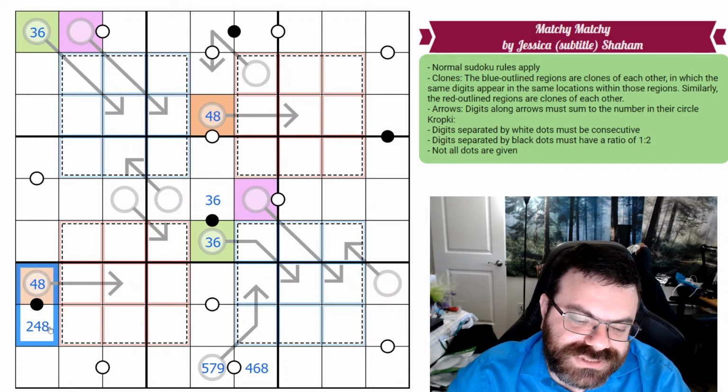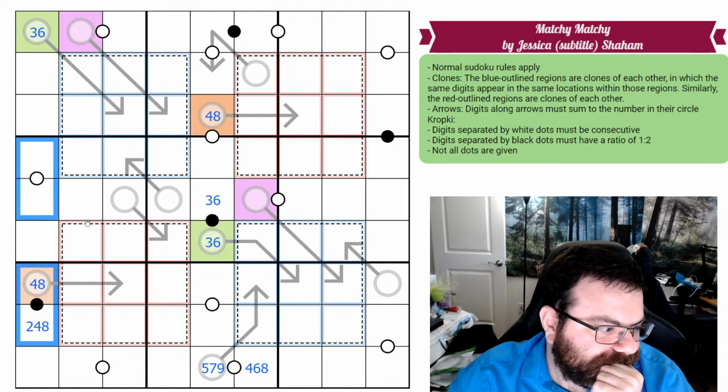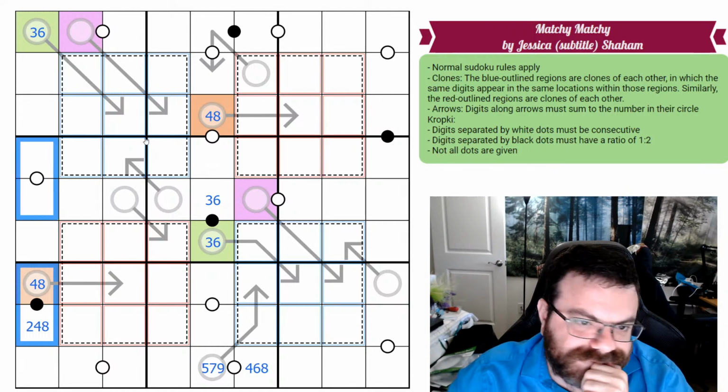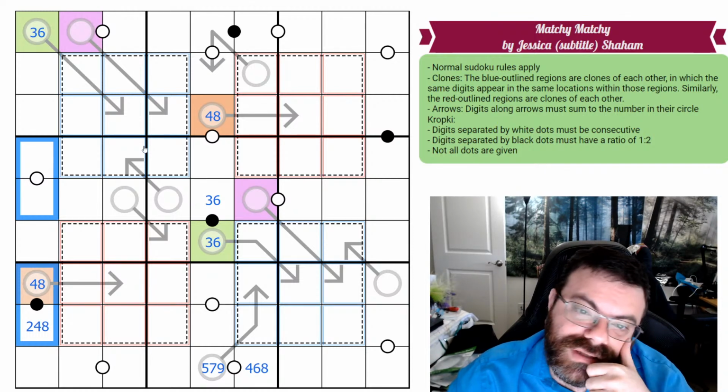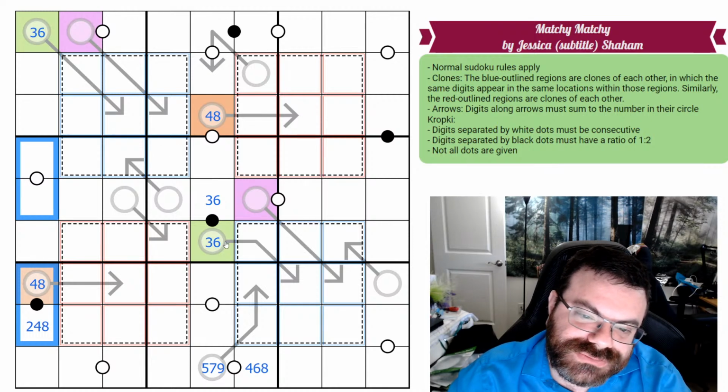So we have 2 evens here. We have another even here. Maybe I should parity color.